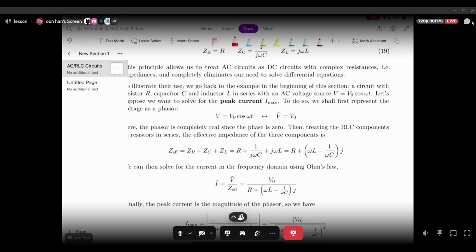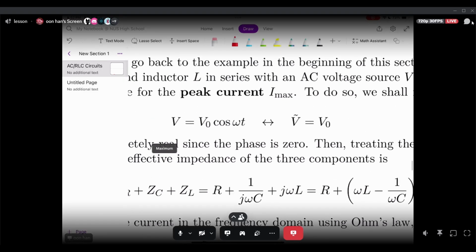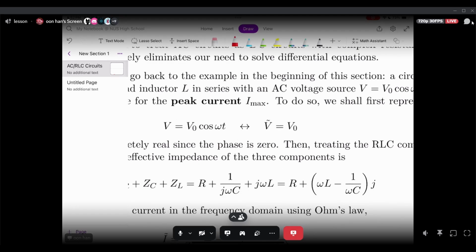The first thing you do is you convert the voltage source time dependence into a phasor, and that's just V0 here because your phase is 0. Then you can treat resistors, inductors, and capacitors as resistors by themselves.